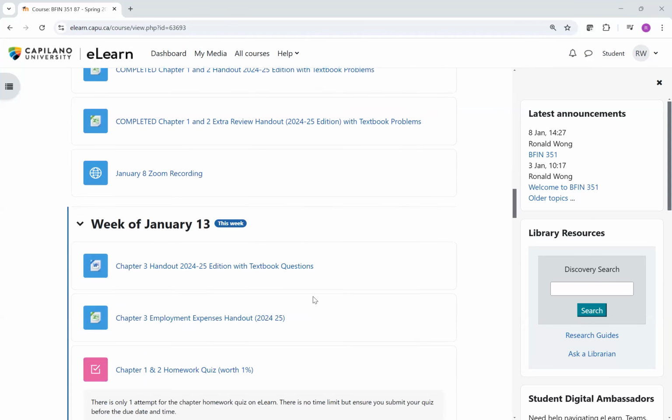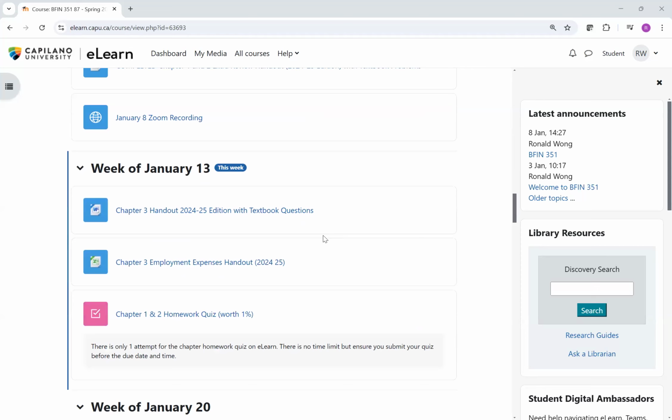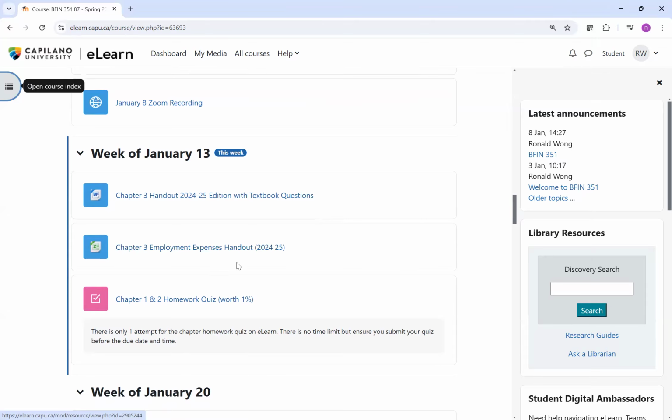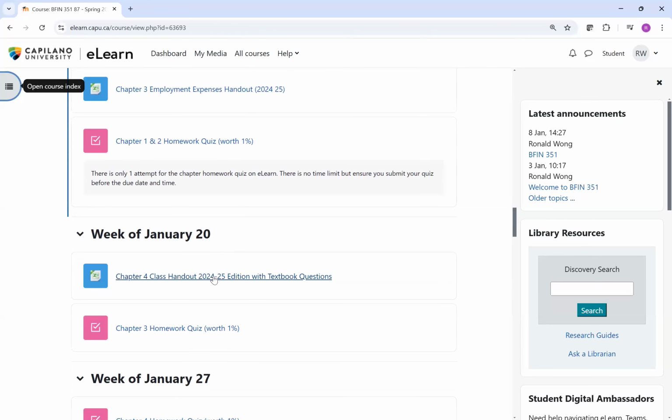This week, chapter 3. Right in the middle of chapter 3, there's this new chapter 3 employment expense handout. We did the first one today, the Word document. This Excel document, we'll start with next week. And then we'll start with the chapter 4 handout. So next week, we'll finish chapter 3 and we'll start chapter 4.